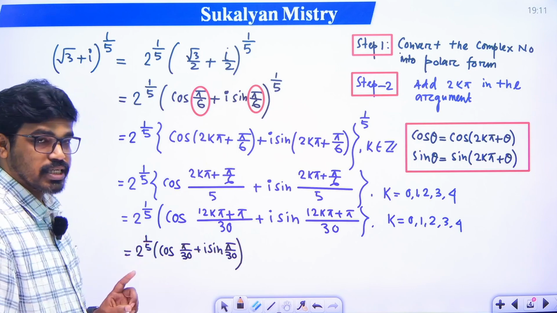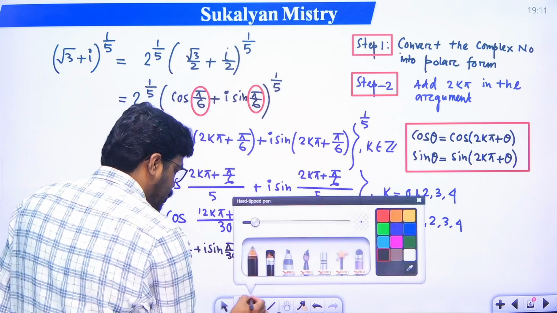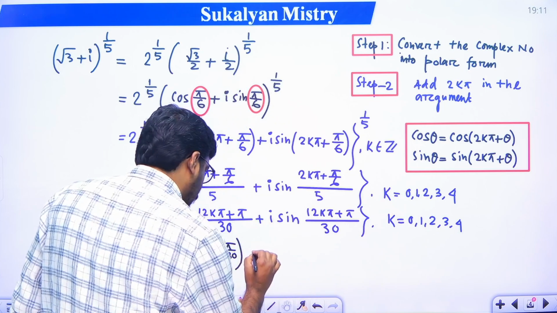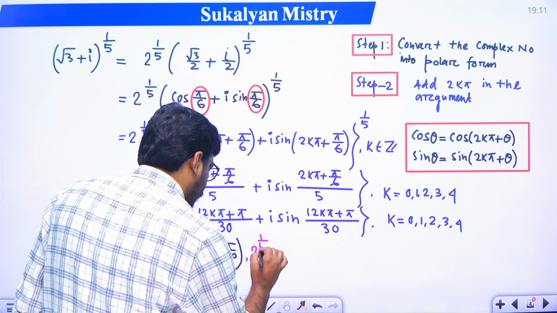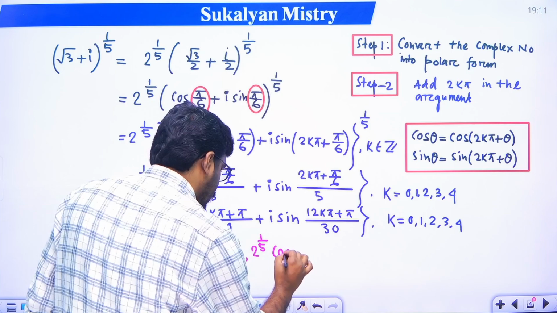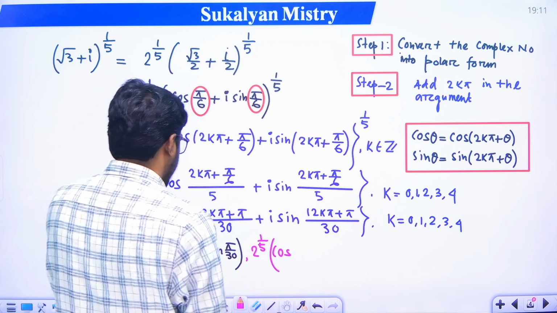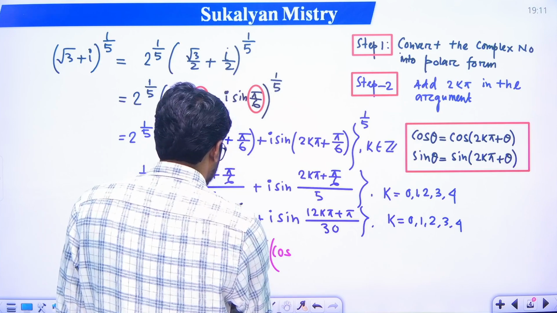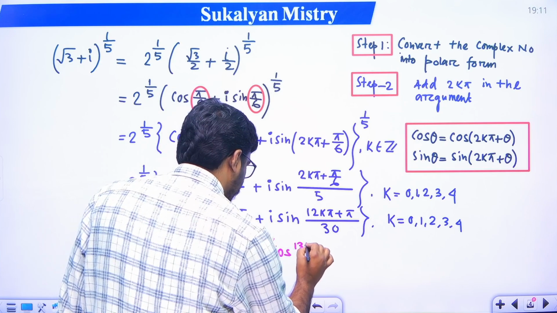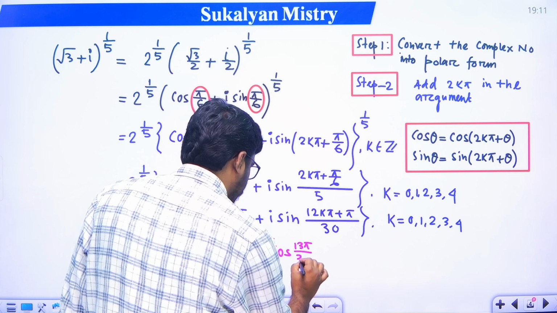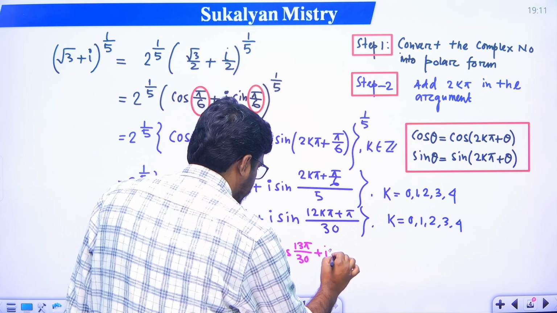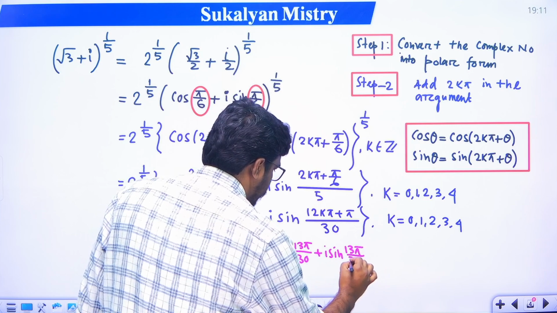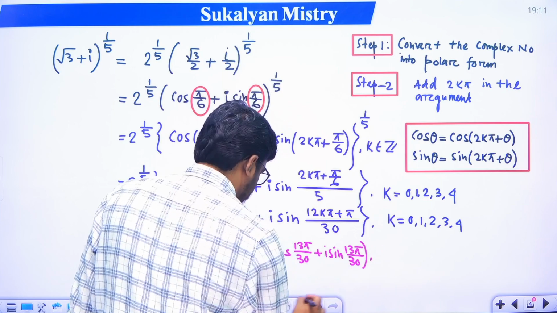If we put k equal to 1, what do we get? 2 to the power 1 by 5 into cos 13 pi divided by 30 plus I sin 13 pi divided by 30.